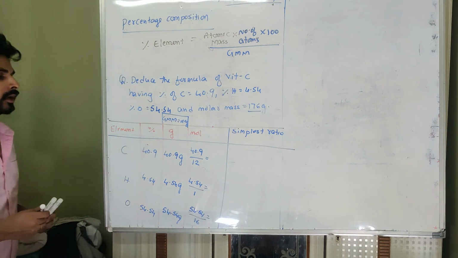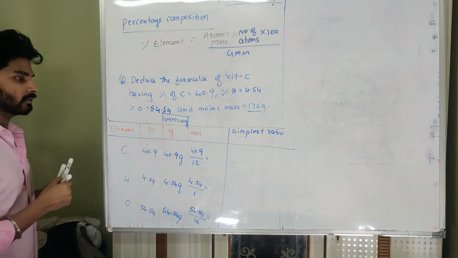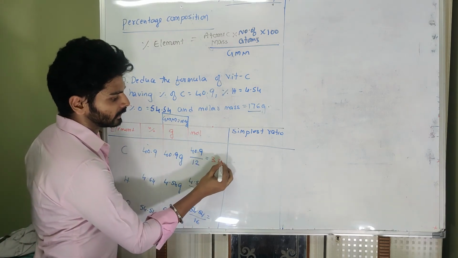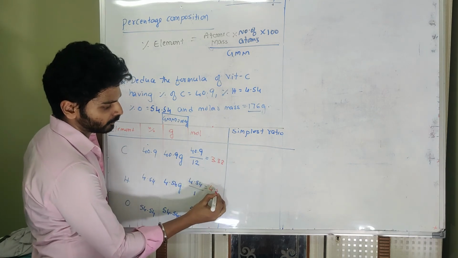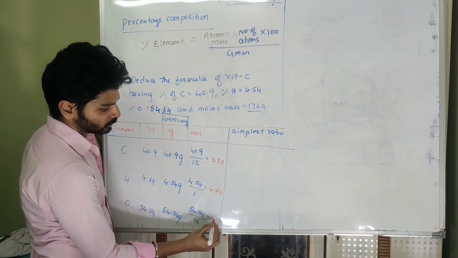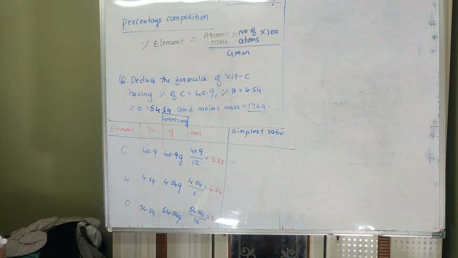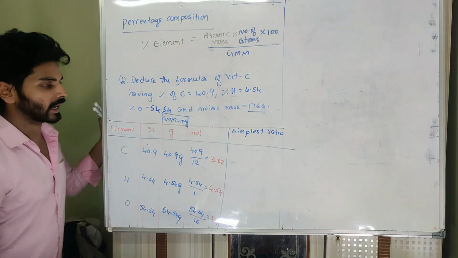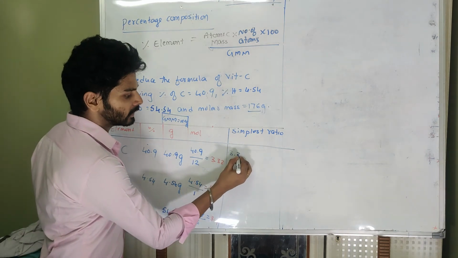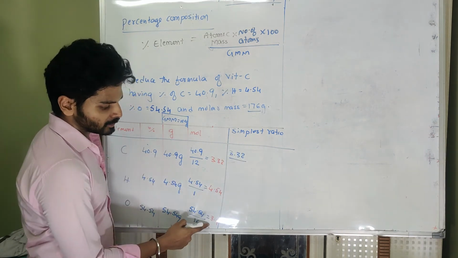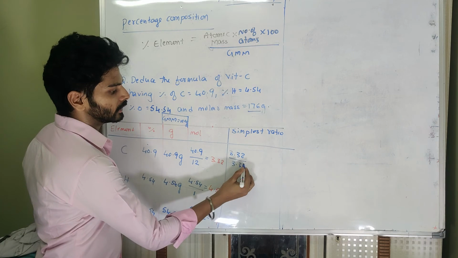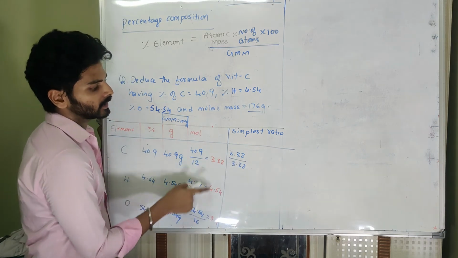So here once you calculate, we'll get this as 3.38, something like that, 4.54, and this is also 3.4. So once we get the mole, now we have to get the simplest ratio, and the simplest ratio can be calculated simply by dividing with the smallest number. So out of these three, the smallest number is 3.38.